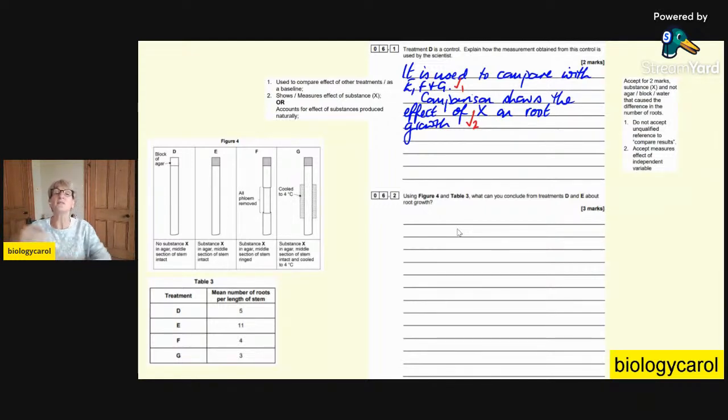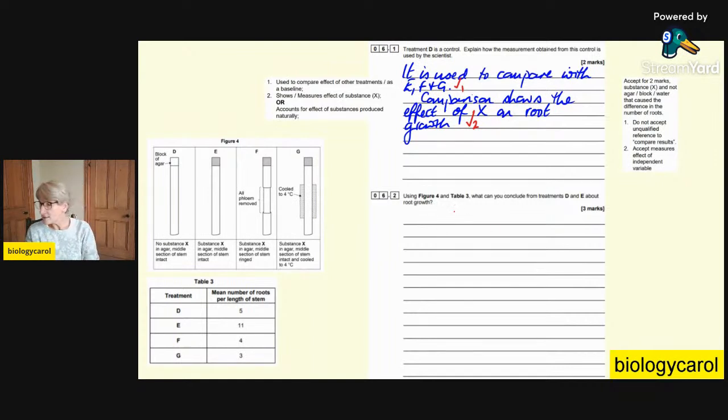A control variable is one of those things that you keep the same so that the experiment is a fair test. In other words, your experiment and therefore your data is valid. An example of a control variable in this situation would be the length of the stem used in the experiment, or the fact that you use the same species of plant, for example.